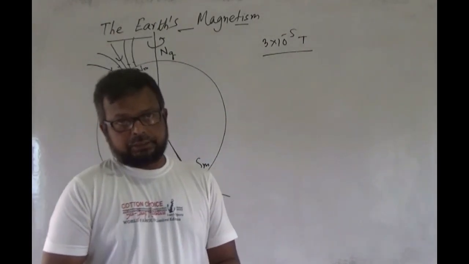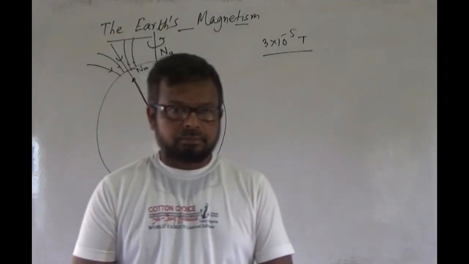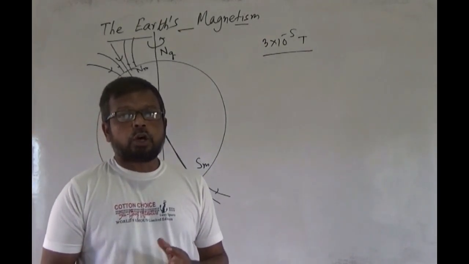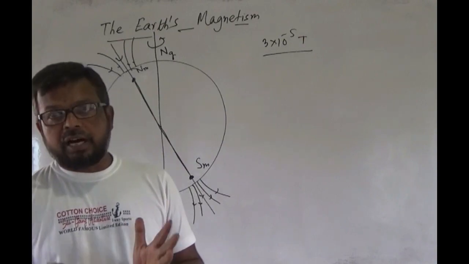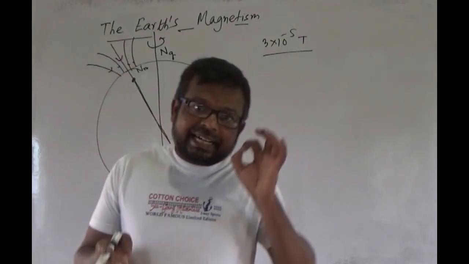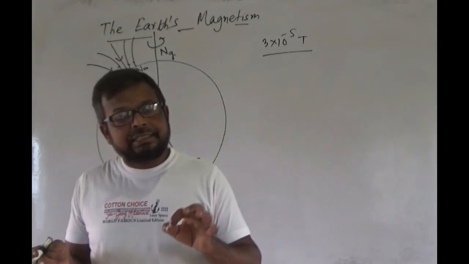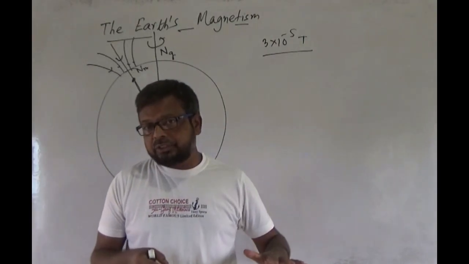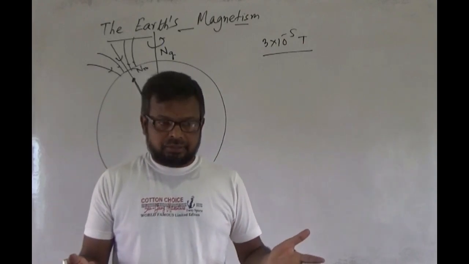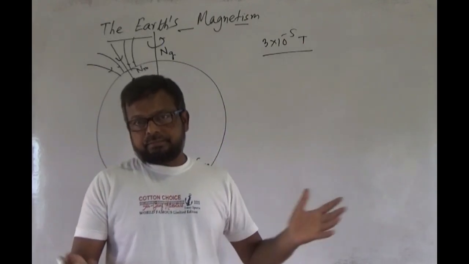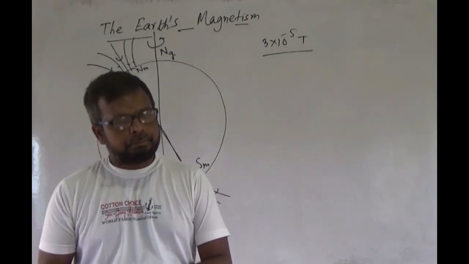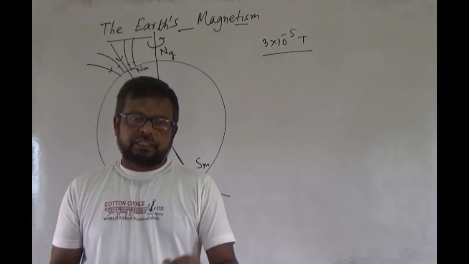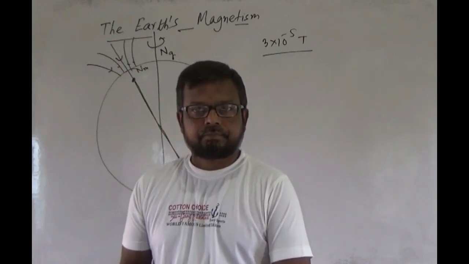Many theories prevail regarding the cause of the magnetic field of Earth, but the exact cause is not yet known. In different times, many theories came, and many theories can justify the Earth's magnetism, but till now, the actual theory is not discovered.